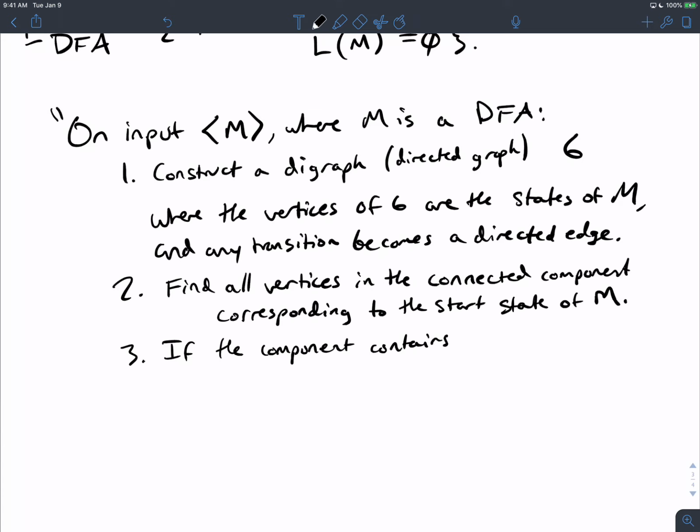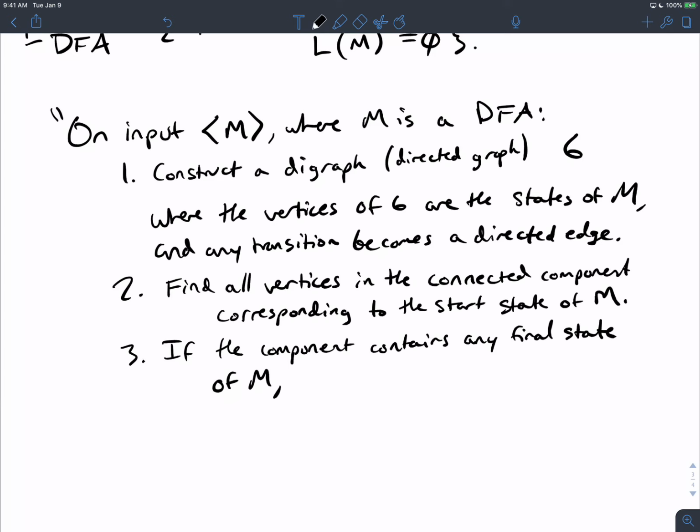So if the component contains any final state of M, because either it has a final state in its component or it doesn't.